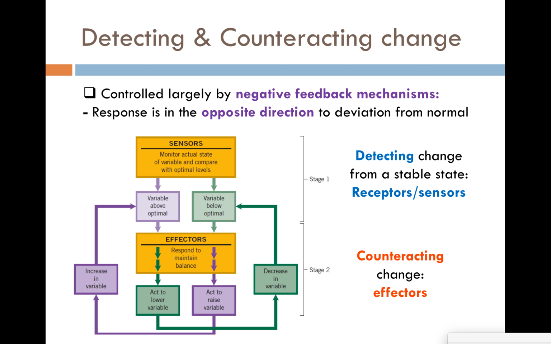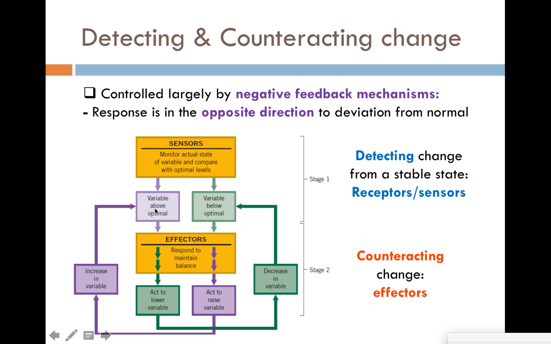So the whole idea of a negative feedback loop, which we should write down, is to make sure that the response makes the stimulus go back in the opposite direction. So we're counteracting the change that we've detected. If I've detected low temperature, then my effector will respond to raise temperature.